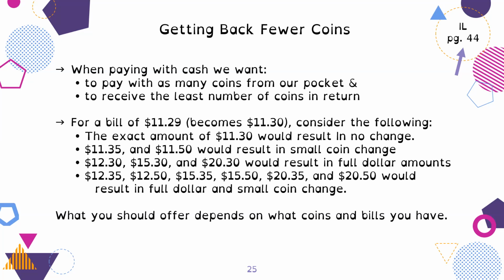If we paid with $12.30, $15.30, or $20.30, we would get full dollars back. If we would pay with $12.35, $12.50, $15.35, $15.50, $20.35, or $20.50, they would result in full dollars and small coin change. So it really depends on what coins and bills you have and what you're comfortable doing, but being able to give the most coins so you don't have to carry a lot, and getting the least coins back, is often what many folks are striving for.